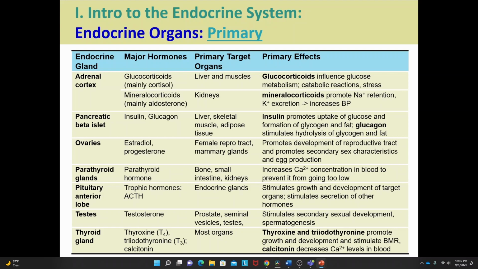Like the adrenal cortex, the pancreatic beta islet cells, the ovaries, the parathyroid glands, the anterior lobe of the pituitary gland, or what we sometimes call the anterior pituitary, the testes, and the thyroid. This list here is all primary. So their primary function is to produce hormones and send those hormones out, to have some sort of control and coordination over the body.